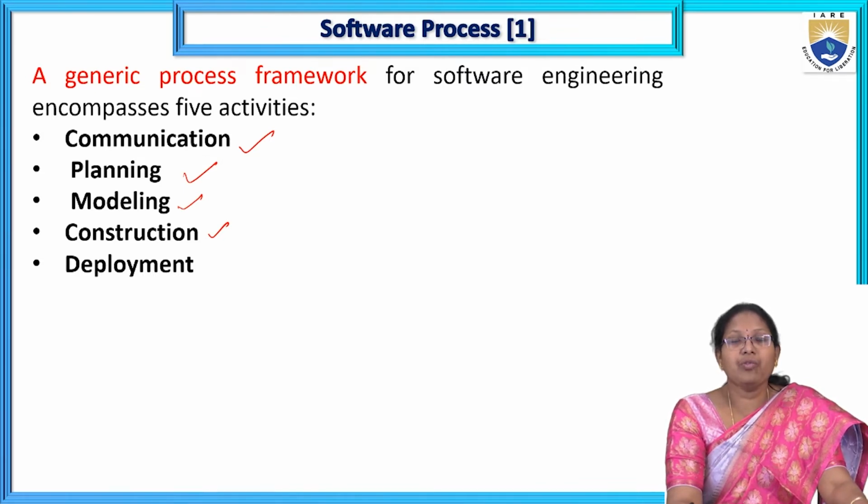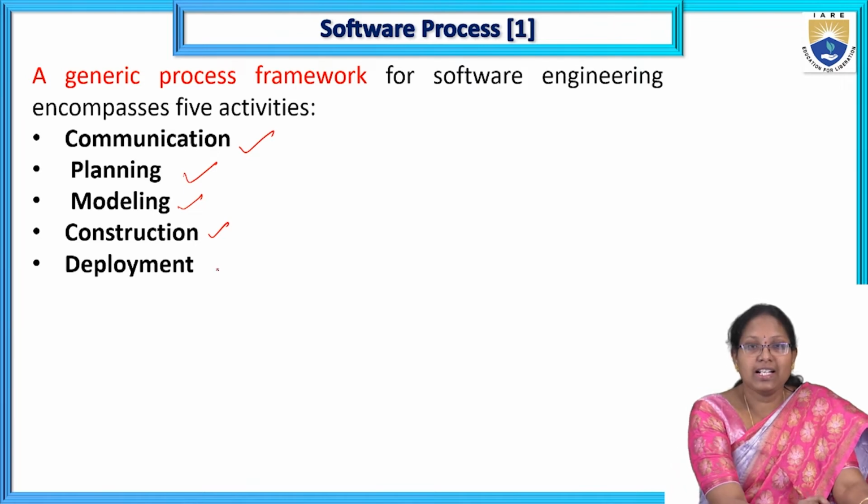Similarly here, software models are created, and by seeing the model, the construction, nothing but implementation in software engineering, is easy. That's why writing the program is also very easy. That is the construction.